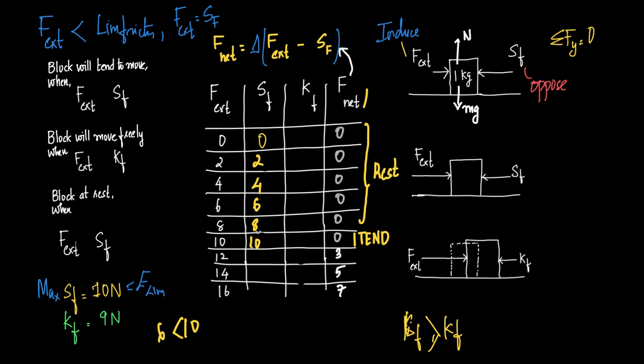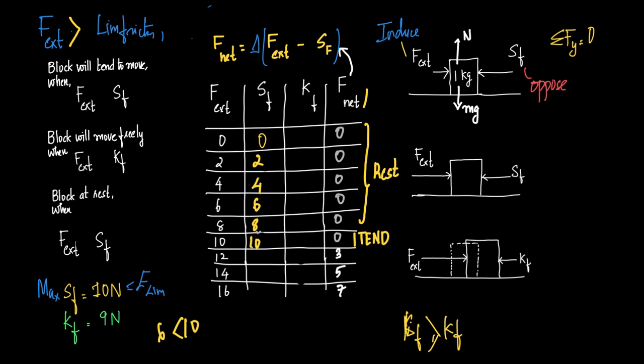Now, if the F external is 12 newton, the condition here reverses. What does it become? It becomes F external is greater than limiting friction, and when F external is greater than limiting friction, this condition is readily violated. And what happens to the static friction now?